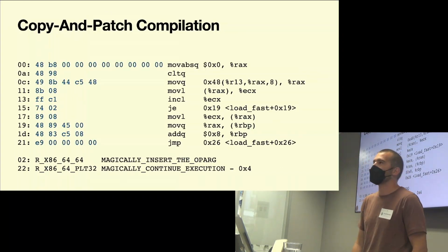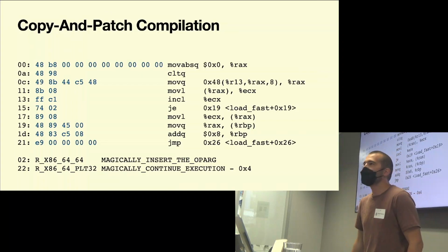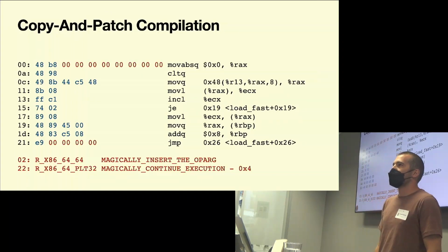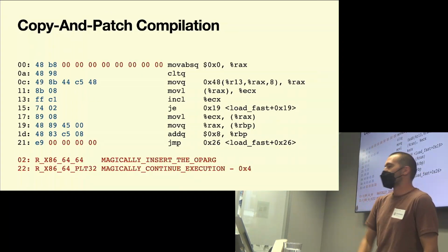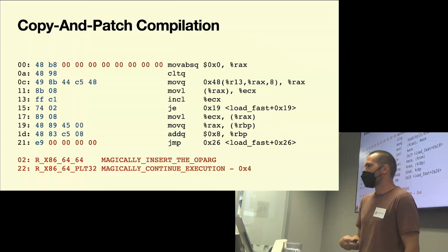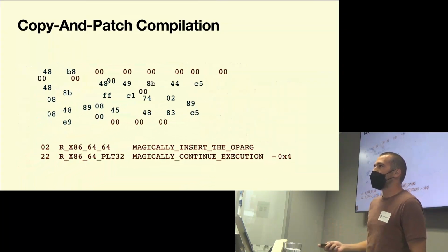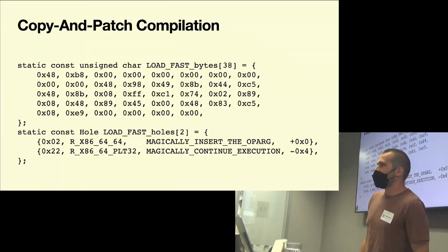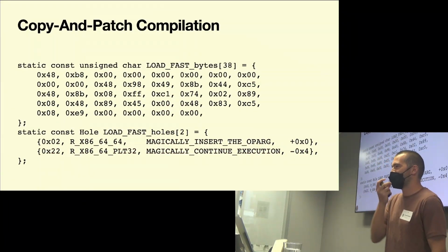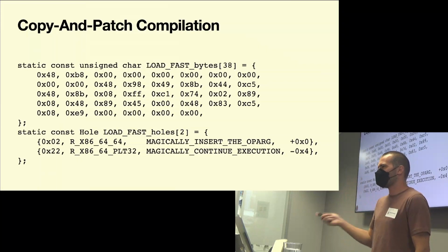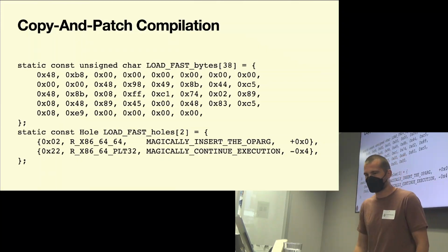We have the machine code here, highlighted in blue, and we have the relocations and where their data is going to go. We know exactly how the data is going to be patched, and we know exactly where it's going to be. And so we can take this, parse it out, and put it in static header files. And now we have all the data that we want to copy, and then all the holes that we want to patch.